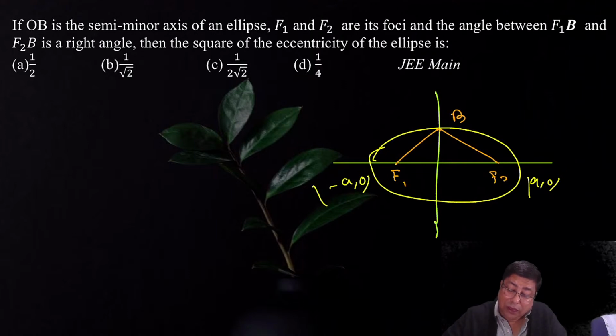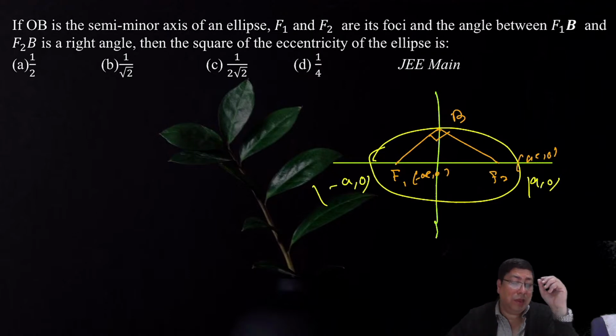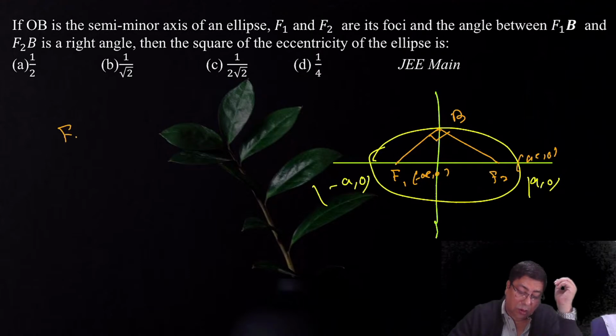This is minus a, 0, F1 is minus ae, 0 and F2 is ae, 0. Therefore, it's a right angle. This angle is 90 degrees, so m1 m2 equal to minus 1. Whenever we get m1 m2 equal to minus 1, we get what? The slope of F1B into the slope of F2B equal to minus 1.